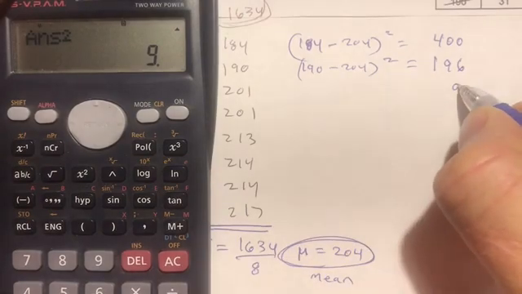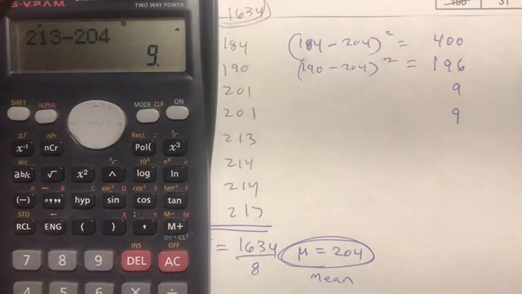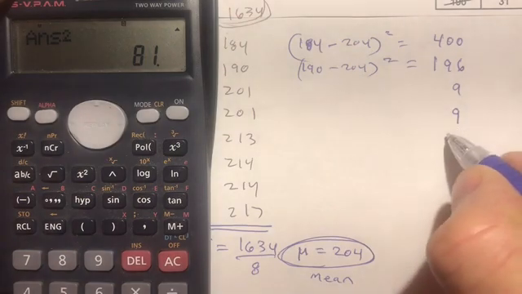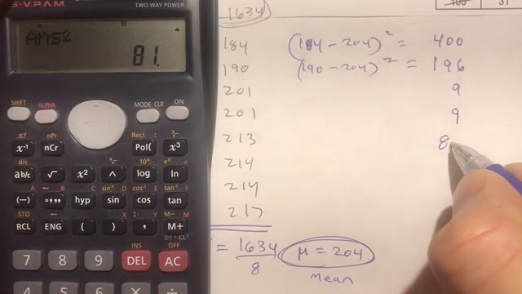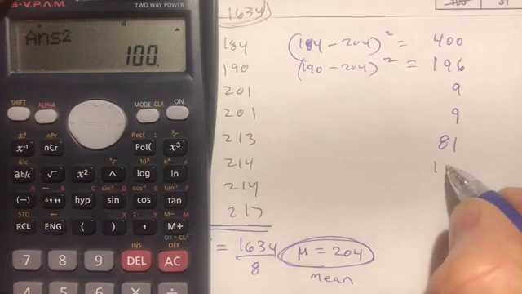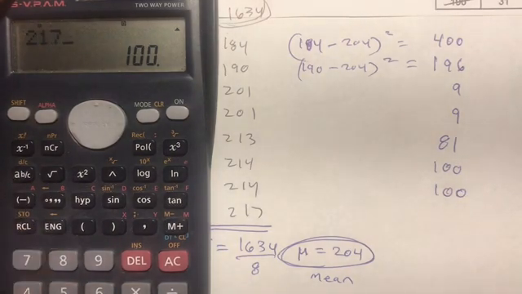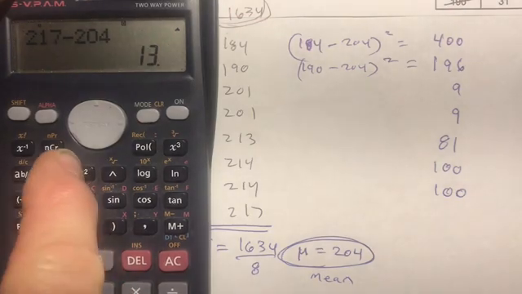So this is 9, and I got it again. 213 minus 204 equals, square equals 81. All right, 214 minus 204 equals, square it, equals 100. And I got it again. Then I got 217 minus 204 equals, square equals.